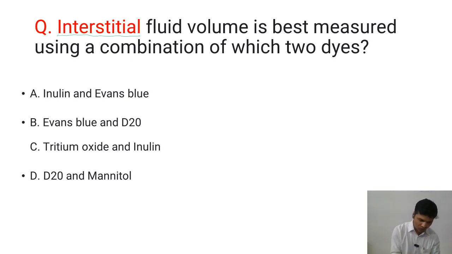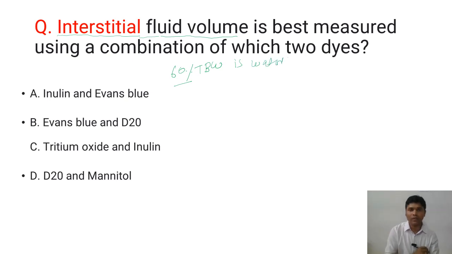Here we are going to measure fluid volume. 60% of total body weight is water, so we can say body weight into 0.6.